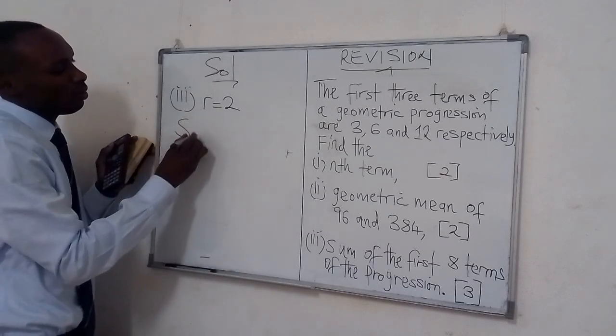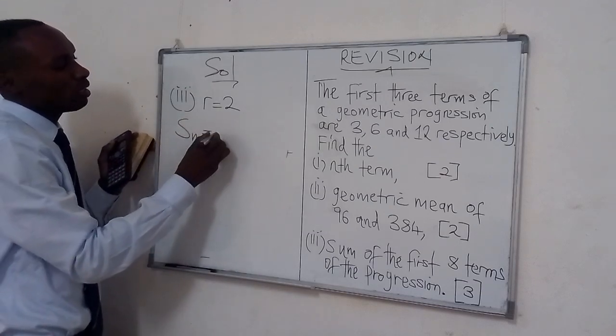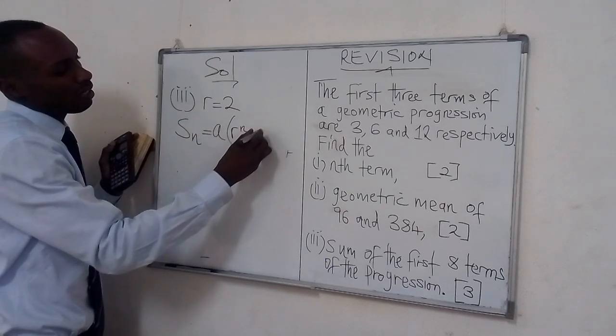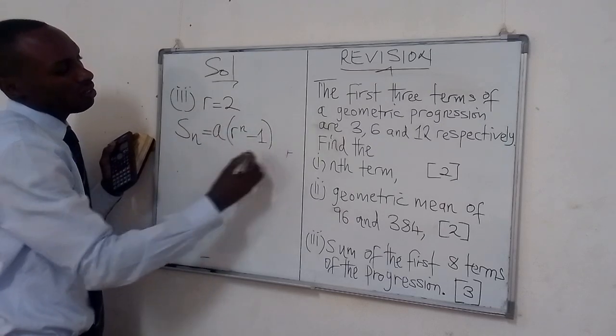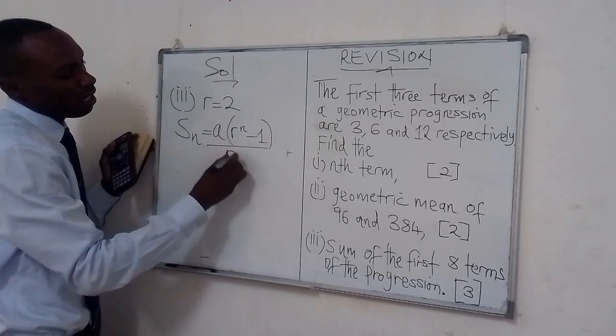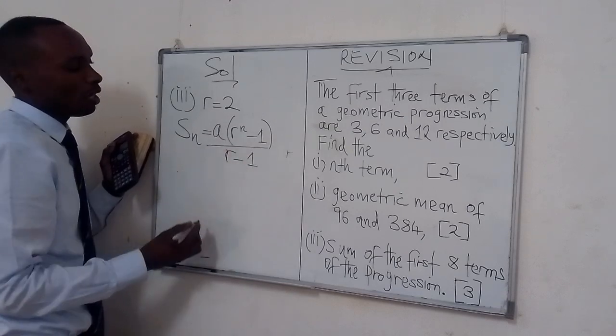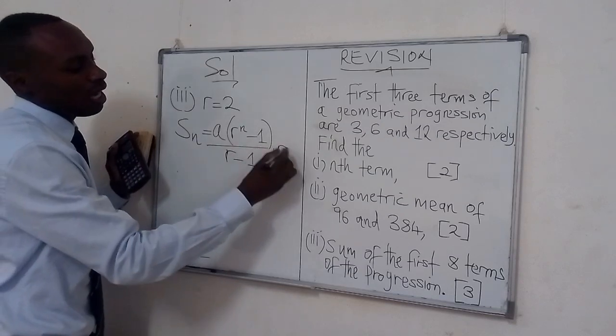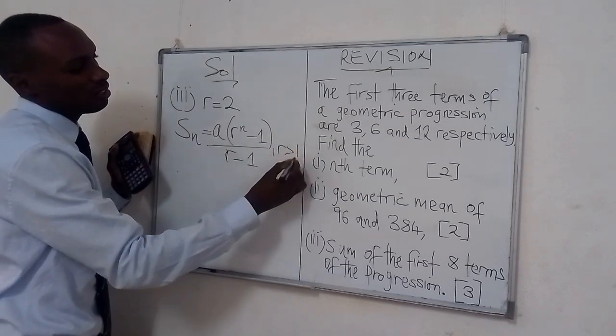So sum of terms is equal to A, open brackets, R to the power n minus 1, then over R minus 1. This is the case where R is greater than 1.